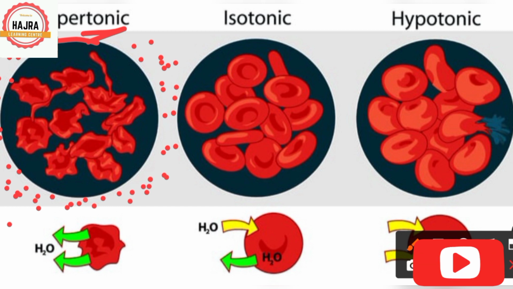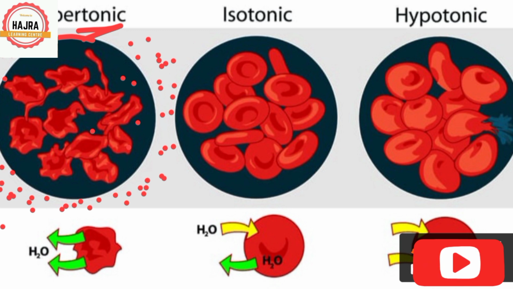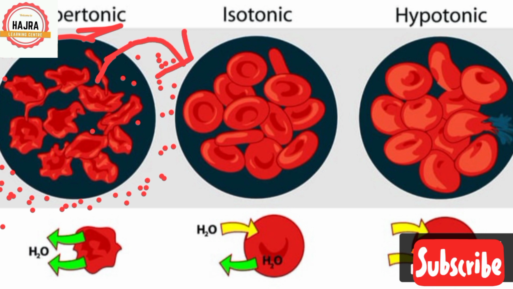But on the other hand, the inner side of the cell has a much higher amount of water molecules. So water molecules will move from the inner side of the cell towards the outside.